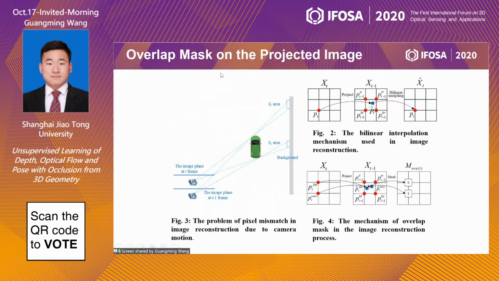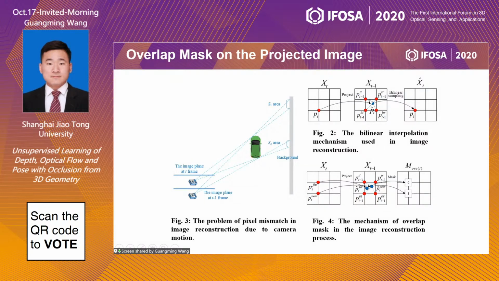The overlap mask on the projected image. Before we introduce the overlap mask, we need to introduce the linear interpolation mechanism that is used in image reconstruction. In figure 2, for 1 pixel in the I_t image, when its depth is estimated, this point can be projected to 3D.